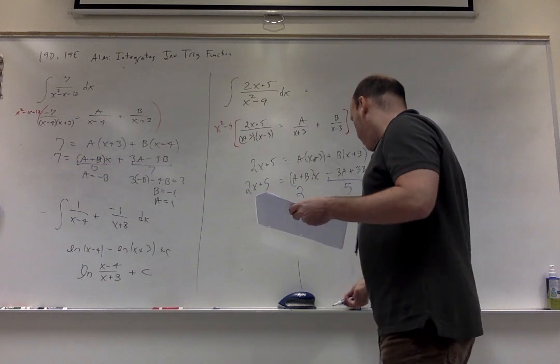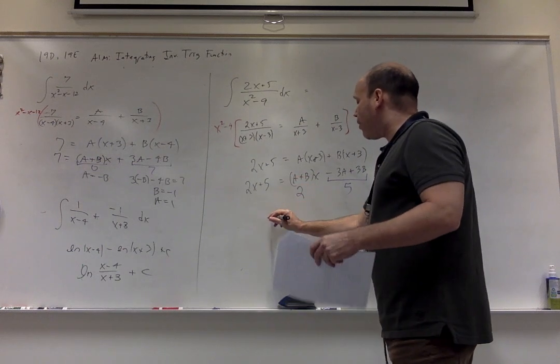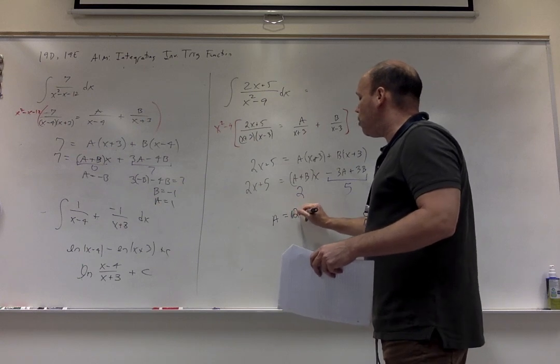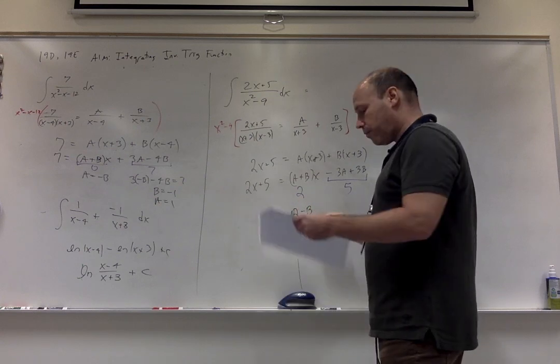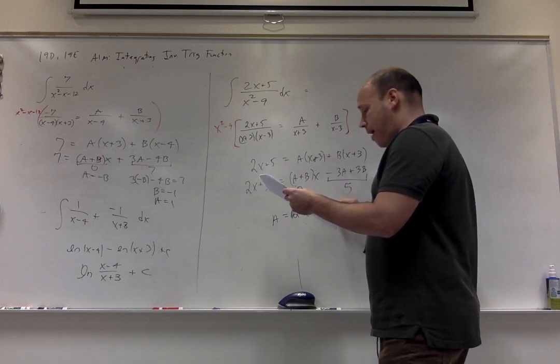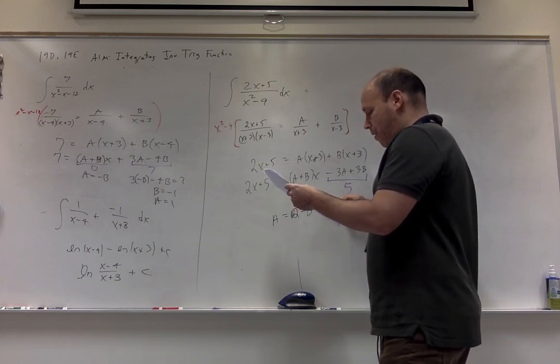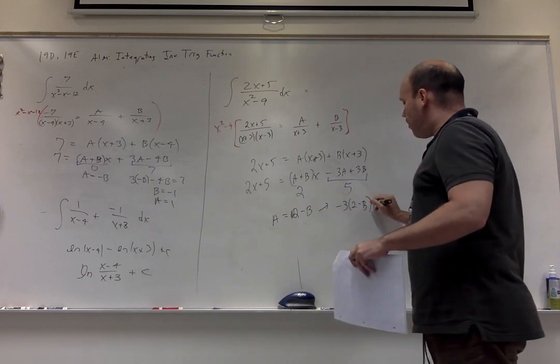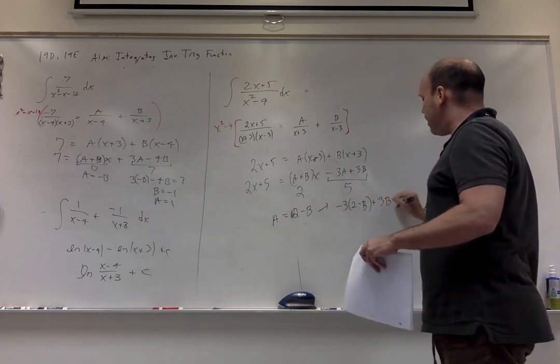So I know, and I do this really quickly, that a equals 2 minus b. So therefore, negative 3 times 2 minus b plus 3b is equal to 5.